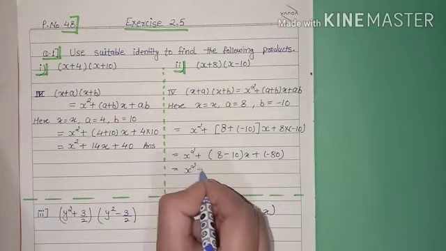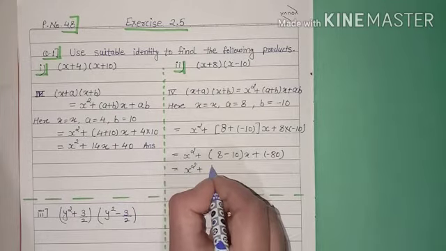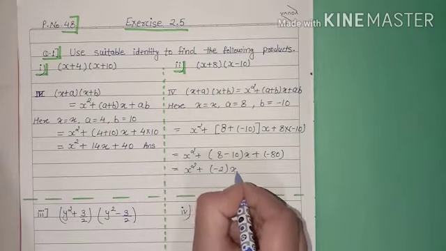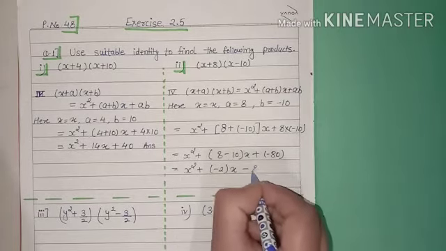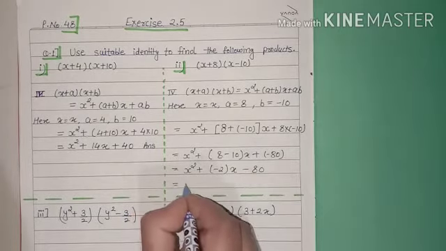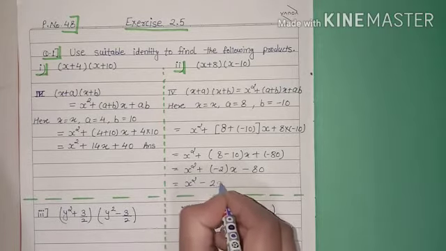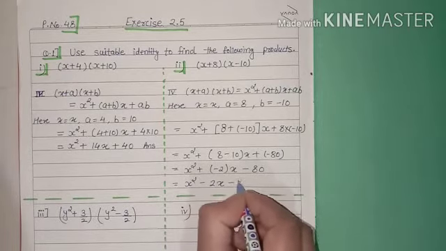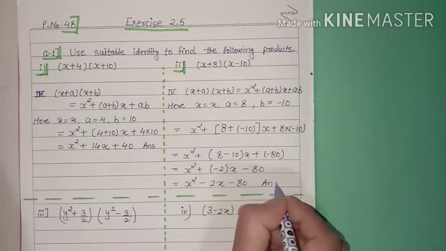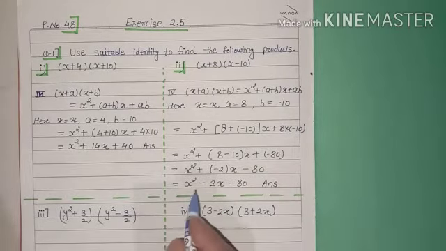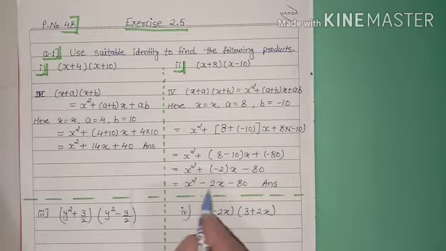Next step, x² plus 8 minus 10, what will we get? Minus 2x. Last step, x² minus 2x minus 80. This is your final answer. We cannot add or subtract because all the terms are unlike.